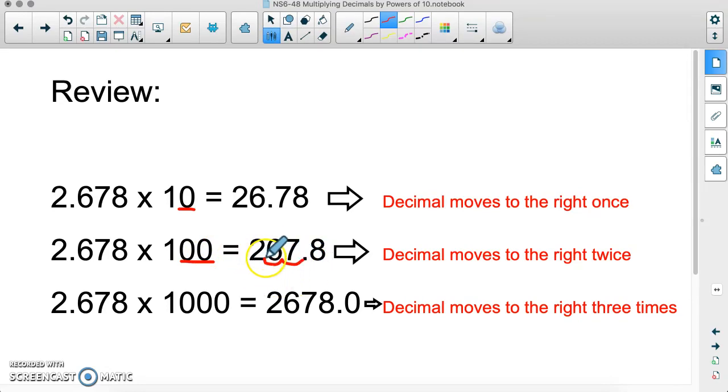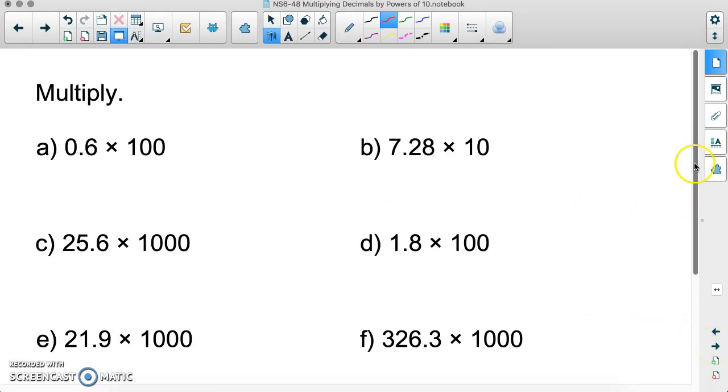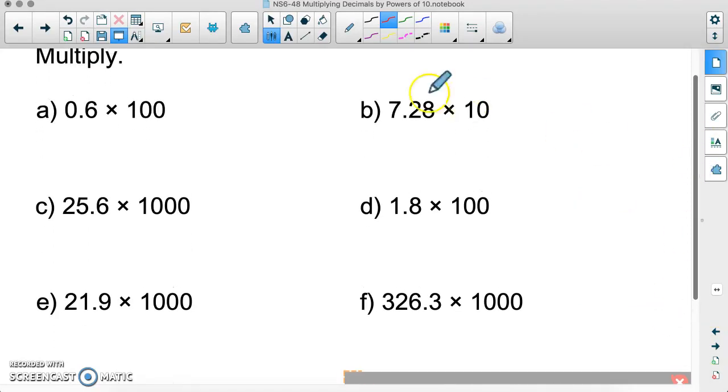So it's going to end up being 267.8. If I'm going to multiply 2.678 times 1,000, 1,000 has 3 zeros. Therefore, I'm going to move that decimal place 3 place values to the right, giving me an answer of 2,678.0.